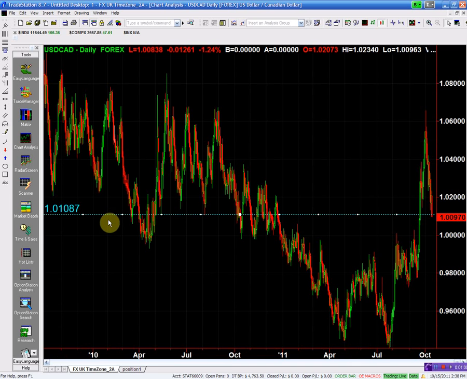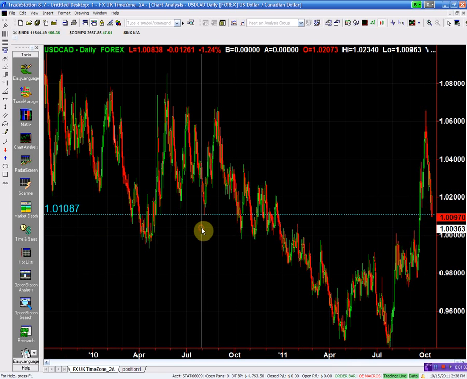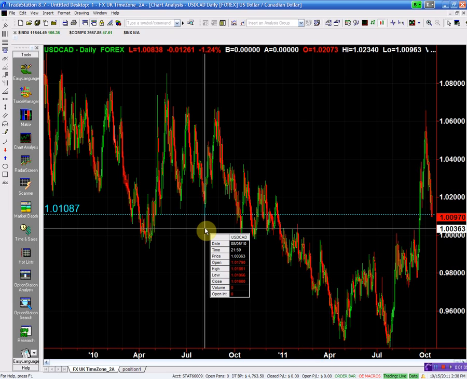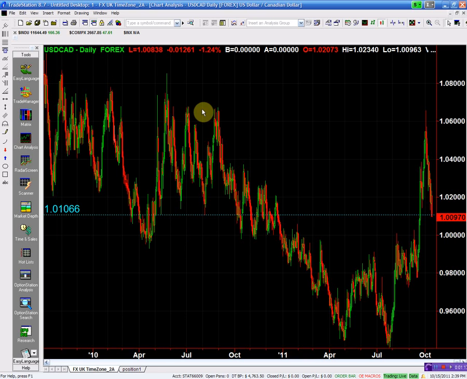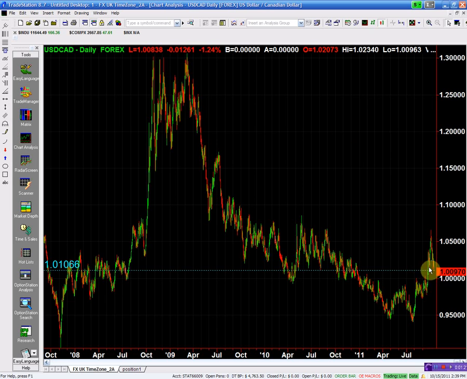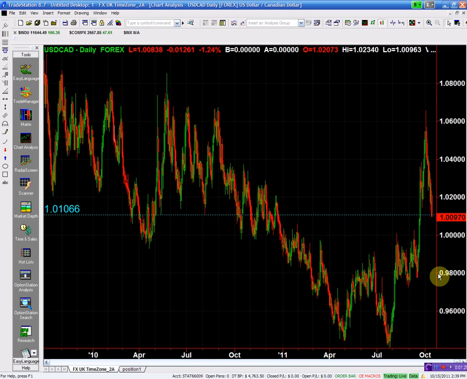We have a small structure over here at 101.86, 101.66, and we did close below it, and we closed the week at 100.97.